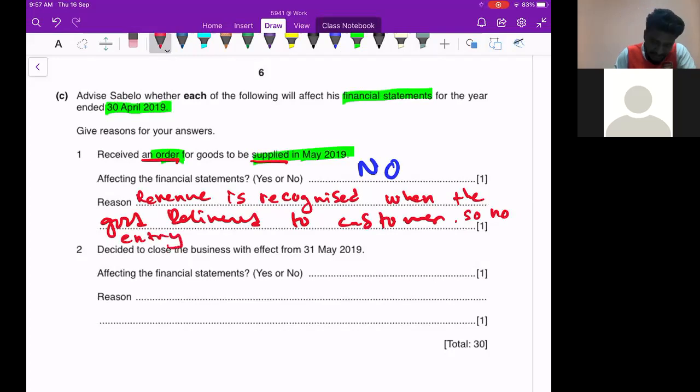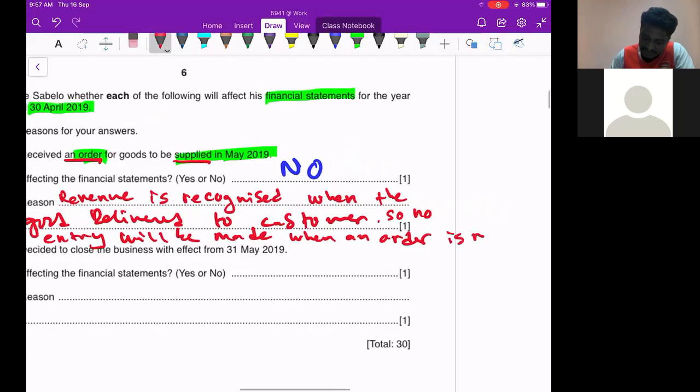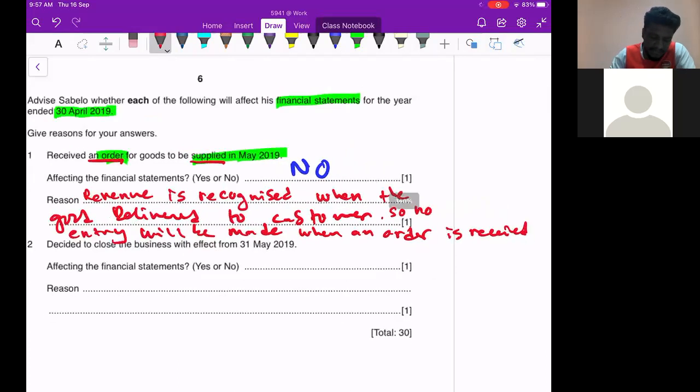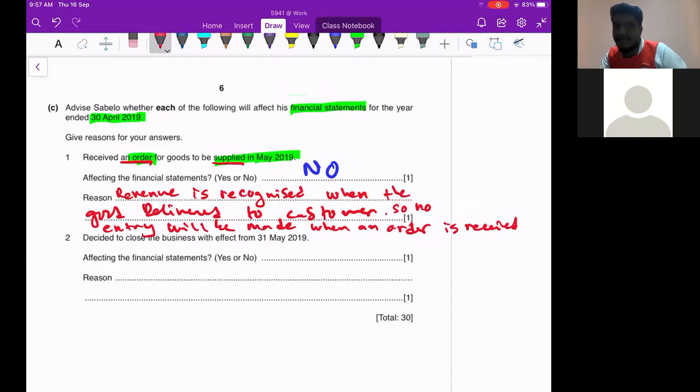So no entry will be made when an order is received. Whenever we receive an order, yes, we take the order, but we don't record it in any financial book. We don't record in any accounting book. Okay, decided to close the business in the effect of 31st May 2019.